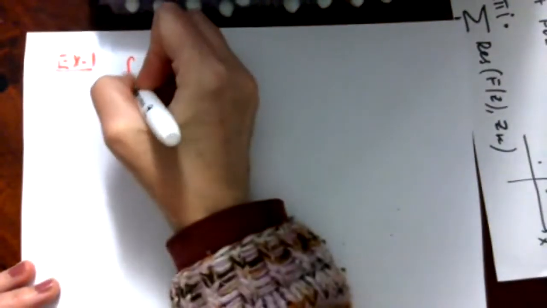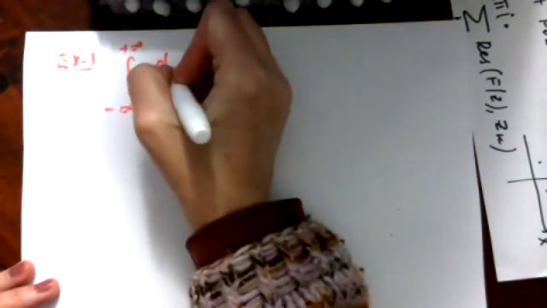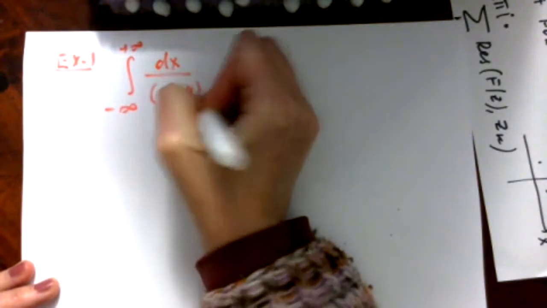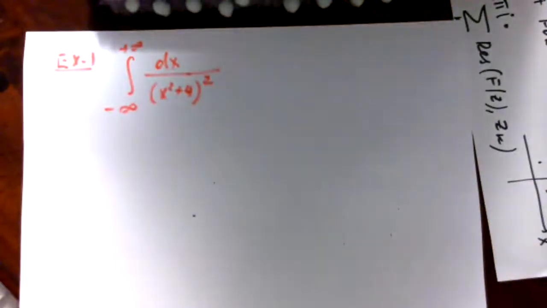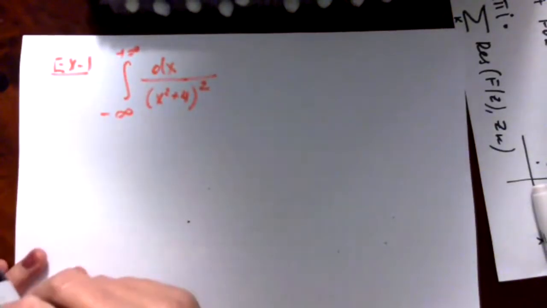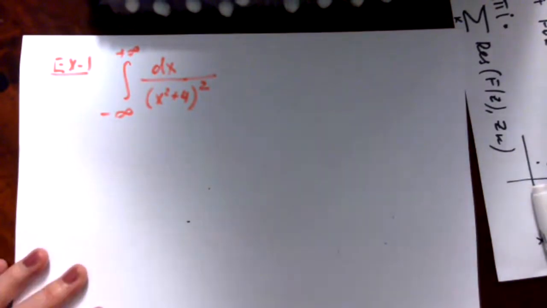So let's start. Let's call it example 1 again. It will be the integral from minus to plus infinity of dx divided by x squared plus 4, and all this expression is squared as well. As you can see, this is a typical integral which you used to learn in the past, but now we are going to apply more advanced techniques.